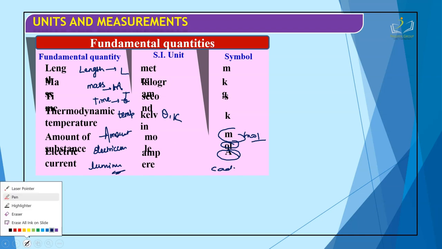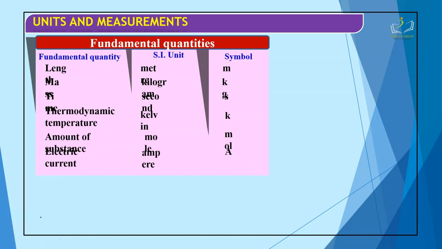So these are the small representative terms. Remember, we have 7 physical fundamental quantities, and each fundamental quantity has its particular unit also. So we have 7 fundamental units, and their symbols. So we have 7 fundamental quantities symbols also.